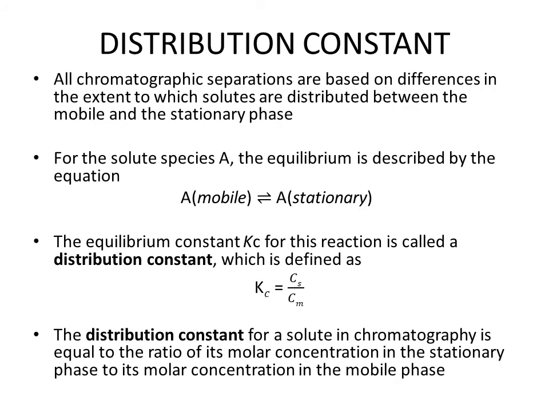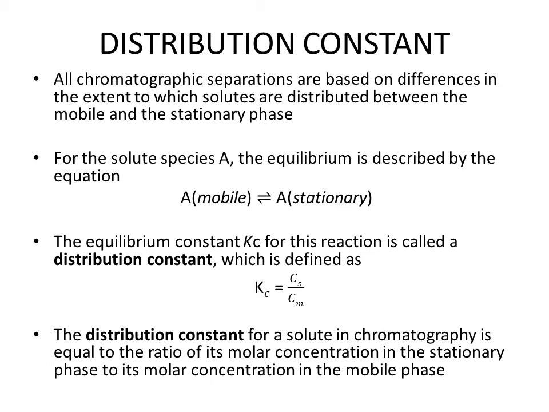Another term which is frequently used in chromatography is the distribution constant. All chromatographic separations are based on differences in the extent to which solutes are distributed between the mobile and stationary phases.